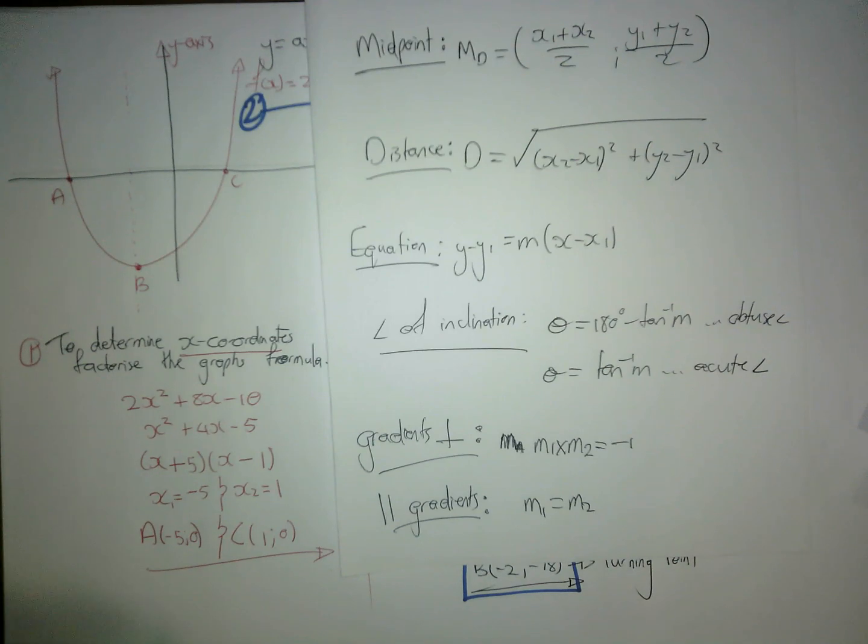Okay, a straight line drawn parallel to EB equals to the origin.